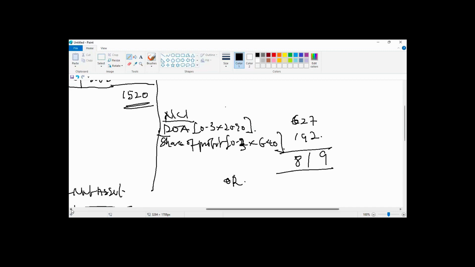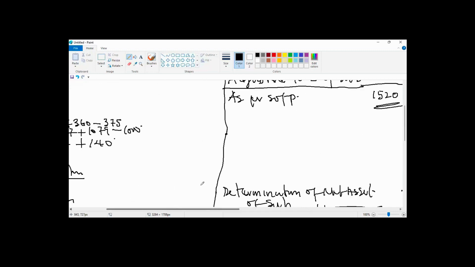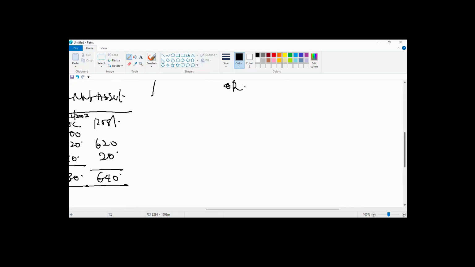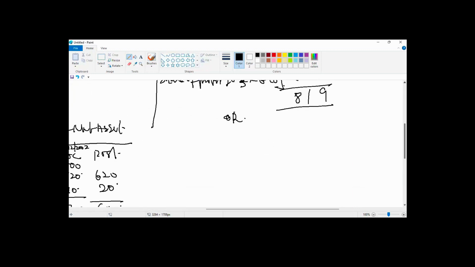What is the net assets at the date of consolidation? 1,000 plus 1,520 plus 210 is 2,730.